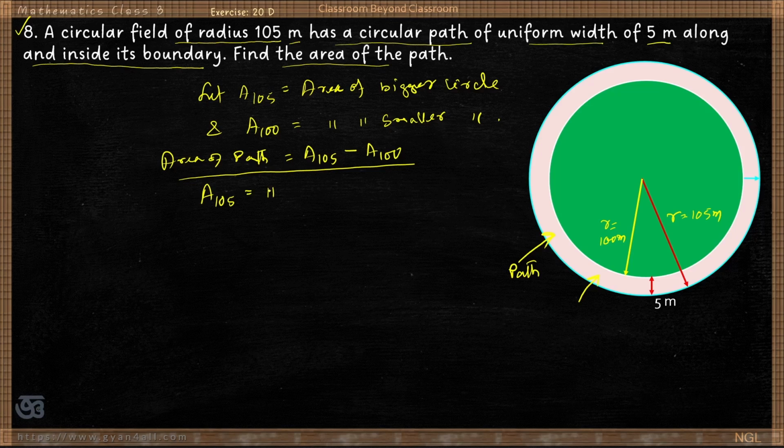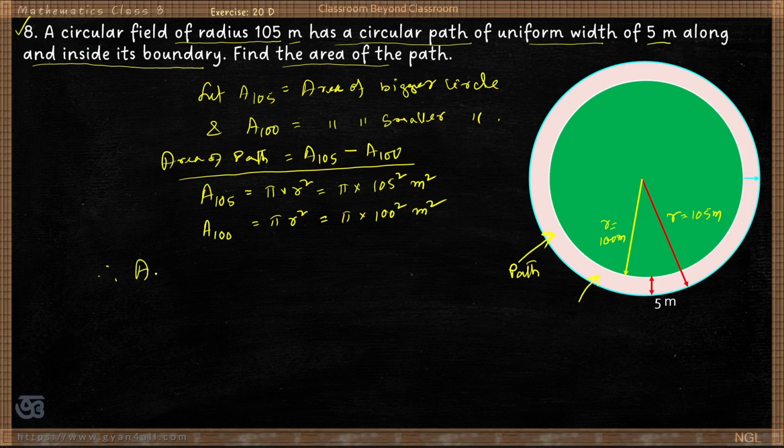This is equal to pi R square, that is pi into 105 square meter square, and area of the smaller circle A100 is equal to pi R square, that is pi multiplied by 100 square. So this is also meter square.